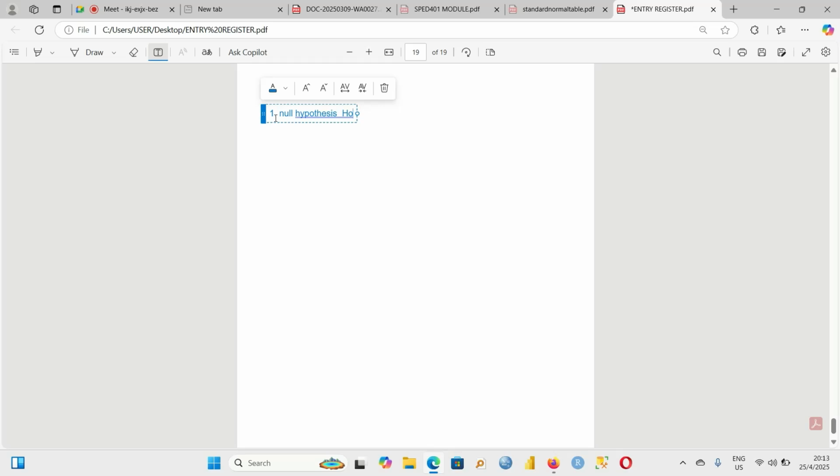This is the actual statement that we want to test, the actual claim that someone makes. For example, my salary is 300 US. That's my null hypothesis. It's the statement which can be rejected or accepted. That's the initial statement that anyone can claim.